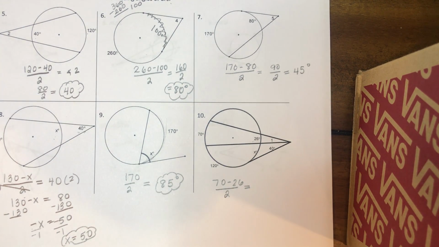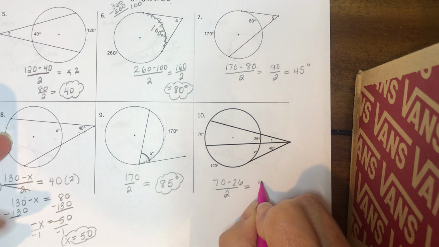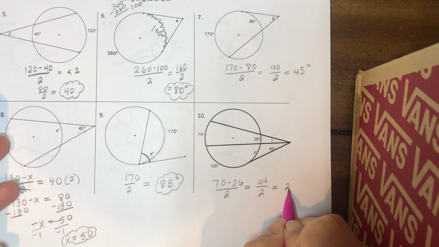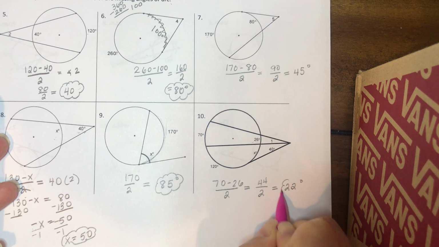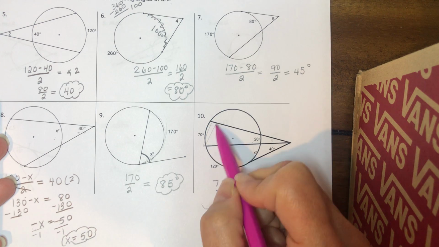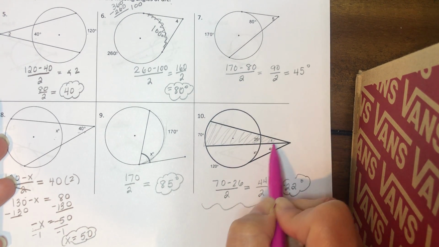So 70 minus 26 is 44 divided by 2, which is 22 degrees for angle 1. So that's the first part of this problem. That's this part right here.